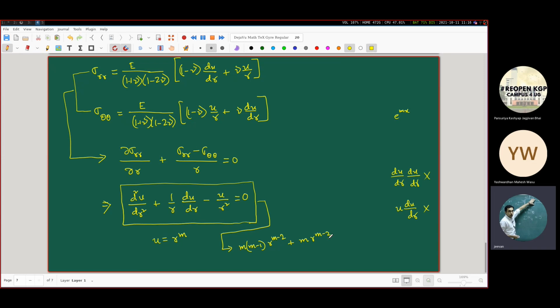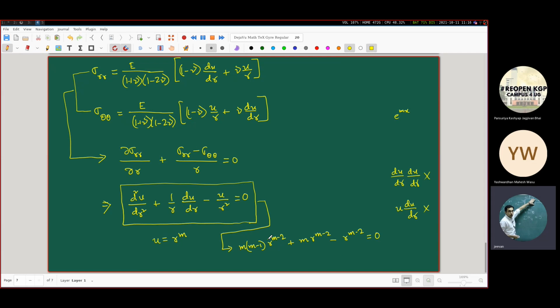But this m minus 2 is happening because first of all it is becoming m minus 1 because of this d/dr, and then there is another 1 by r because of which that is becoming r to the power m minus 2. And finally this is just r to the power m minus 2.